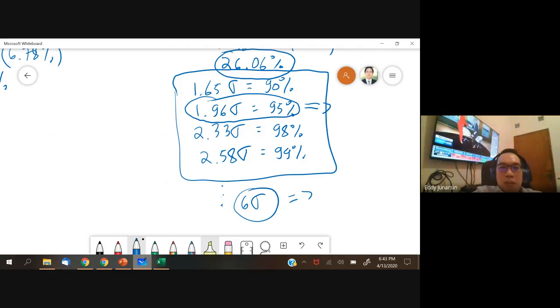So maybe we are saying that in the manufacturing of something, maybe manufacturing of an LED, out of 1 million LEDs that we produce, we only allow maybe 1 or 2 defect products. So it's almost perfect manufacturing process. So we call it a Six Sigma. Right?